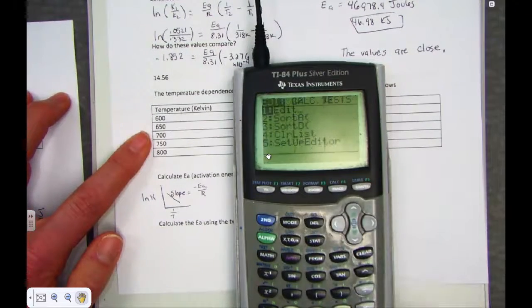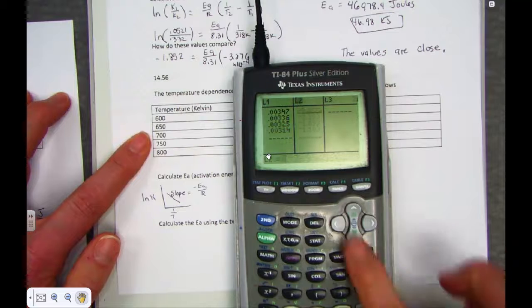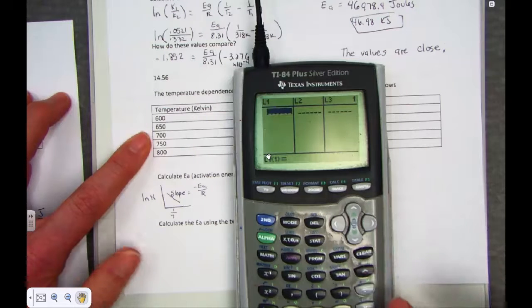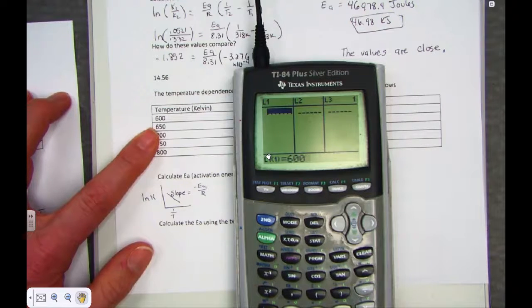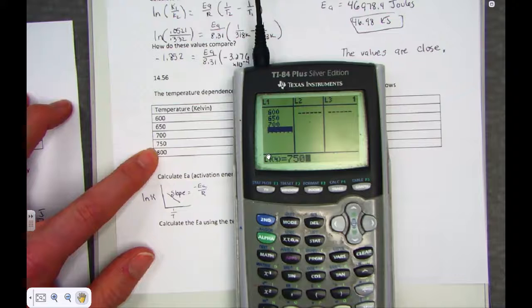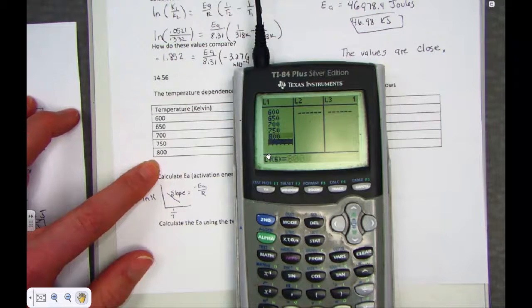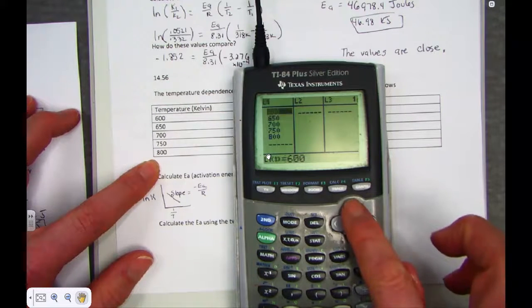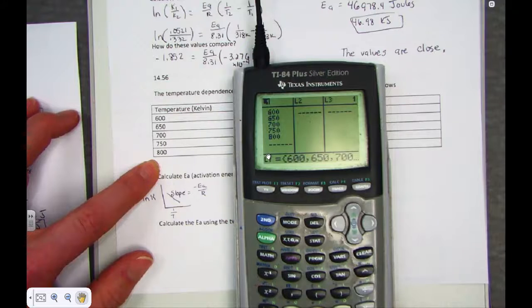So what I'll do is just go back to my stats, clear my list out. Let's type in the temperatures as they appear: 600, 650, 700, 750, and 800. I'll turn them into reciprocals of Kelvin temperatures by taking 1 divided by list 1.